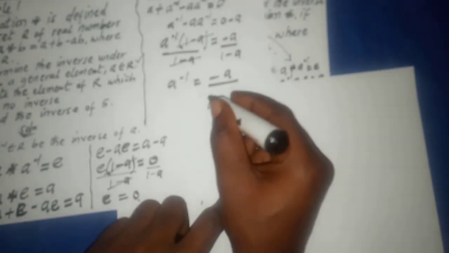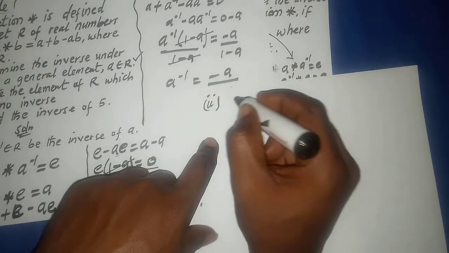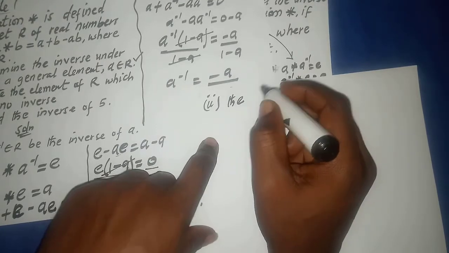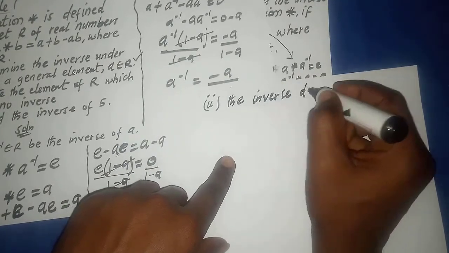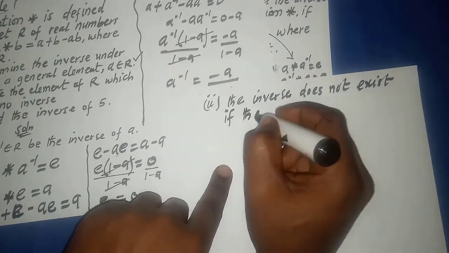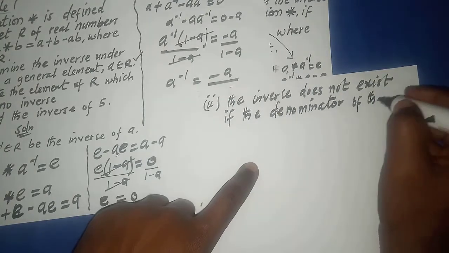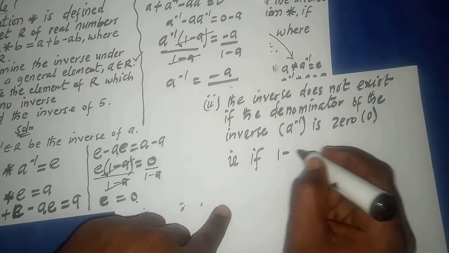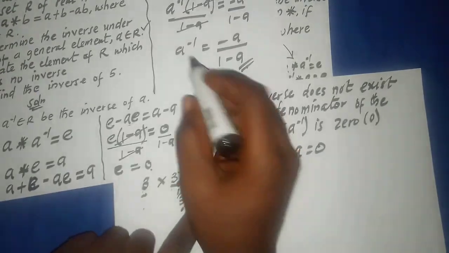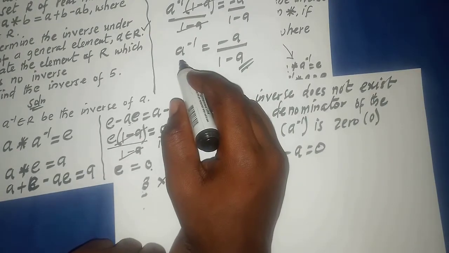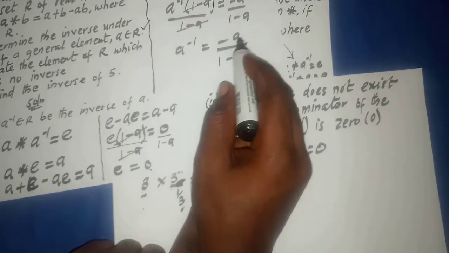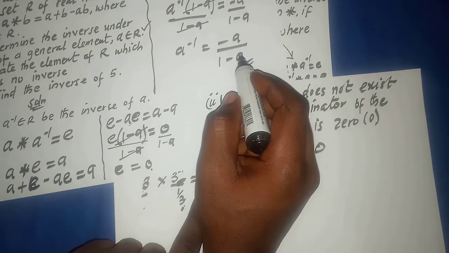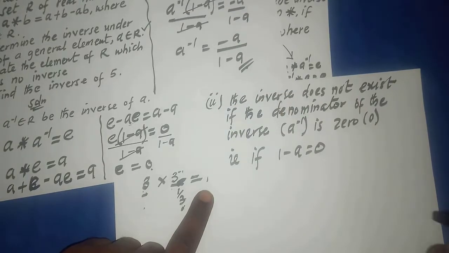Now all we are saying is that this is the inverse we found, negative A over 1 minus A, which is a fraction.